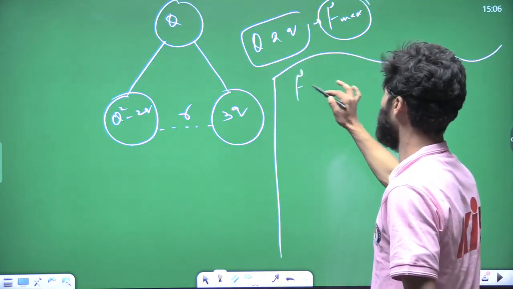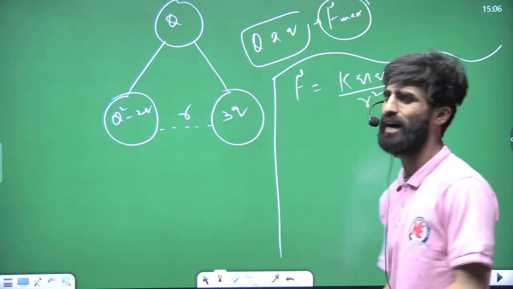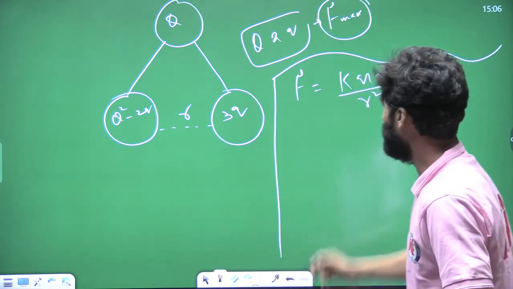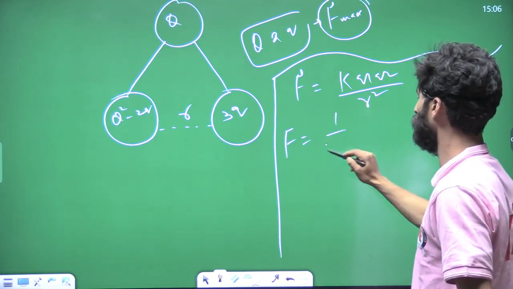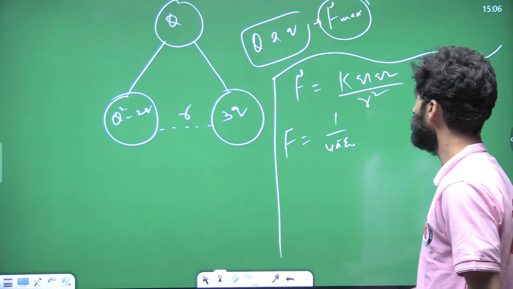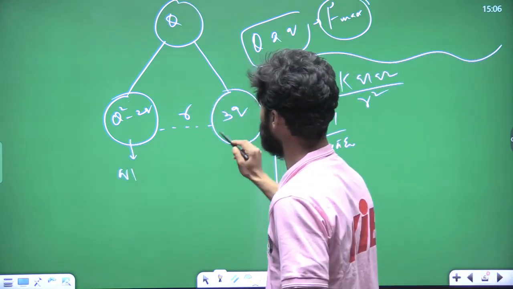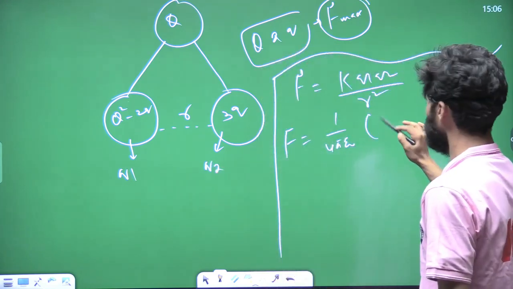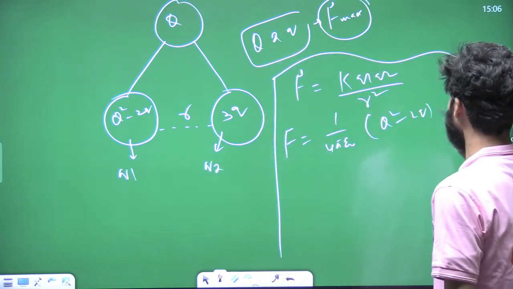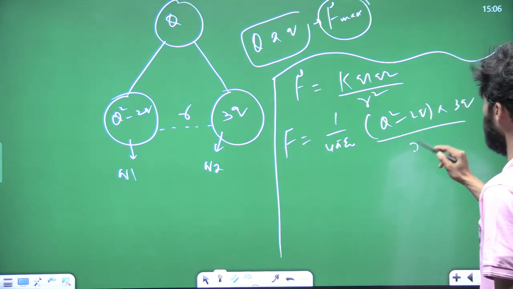As per Coulomb's law, F is equal to Q1 Q2 divided by R square, with k equal to 1 by 4 pi epsilon. Here Q1 is Q square minus 2Q, and Q2 is 3Q. So F is 1 by 4 pi epsilon times Q square minus 2Q multiplied by 3Q, divided by R square.